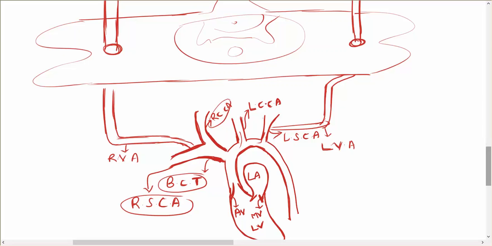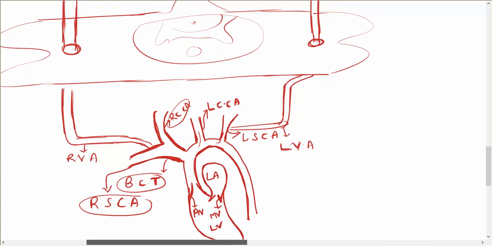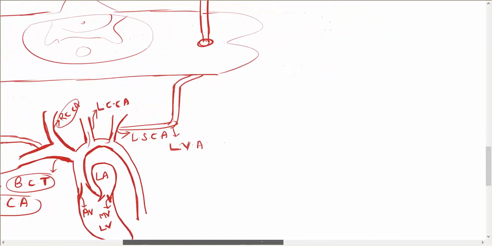That is nothing but the right and left vertebral artery. They go posteriorly, then go through the foramen in the transverse process of the vertebra, and go above towards the foramen magnum. So this is how the vertebral artery starts from the subclavian artery.